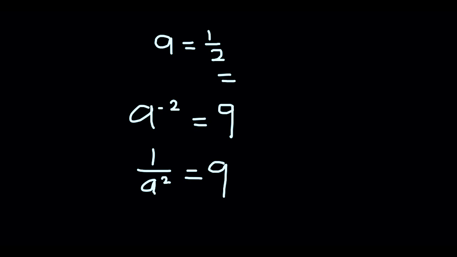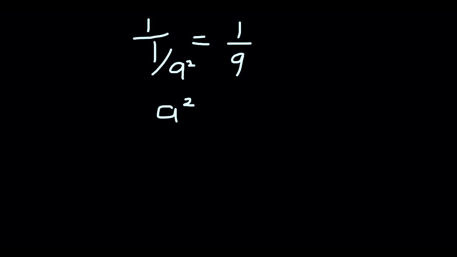Then by taking the inverse of both sides, we have 1 over 1 over a power 2, which equals 1 over 9. From here, this becomes a power 2 equals 1 over 9.